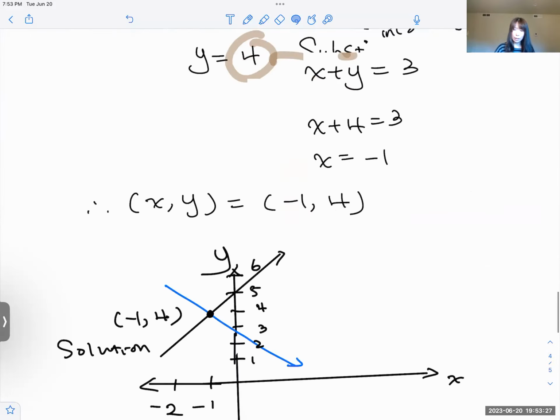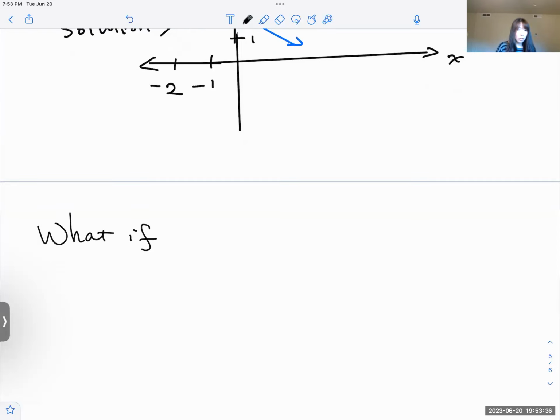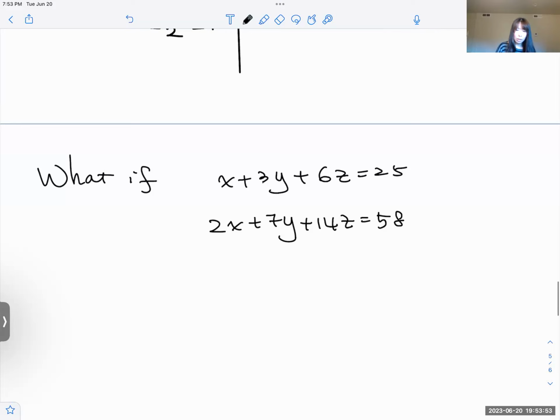So what if we have x plus 3y plus 6z equal to 25, and we have 2x plus 7y plus 14z equal to 58, and 2y plus 5z equal to 19.